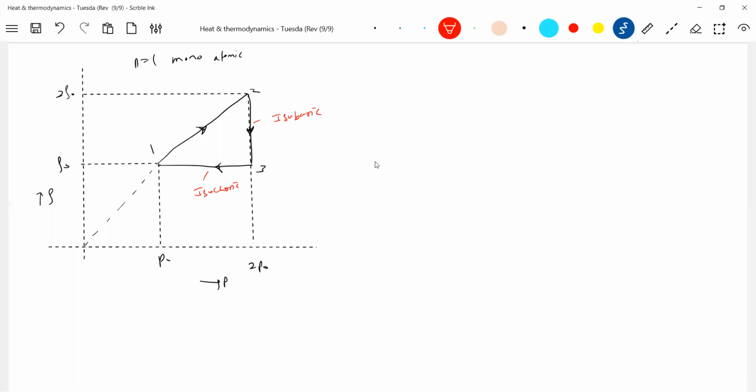We are not sure about 1, 2. So I'll do one thing. I'll take the ideal gas equation, PV equal to nRT. Number of moles becomes mass by molecular mass. This further, mass by volume.